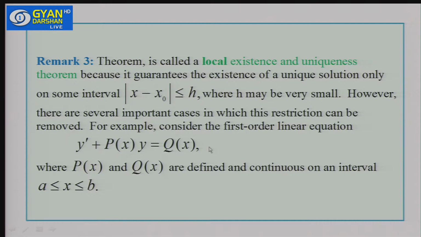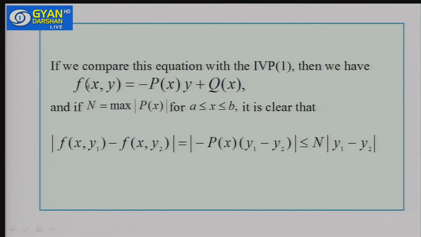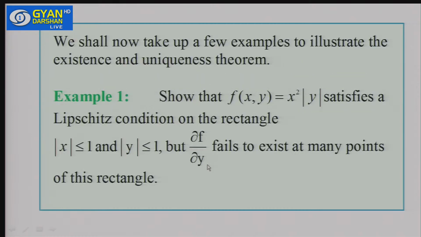If you take this type of equation, then the Lipschitz condition will be automatically satisfied. If p of x and q of x are continuous, the Lipschitz condition is automatically satisfied. So there is no need of imposing a second condition or verifying it. The only condition we need is that p of x and q of x are continuous on this interval. We have shown that f of x, y satisfies the Lipschitz condition automatically, so we don't need to write it separately.